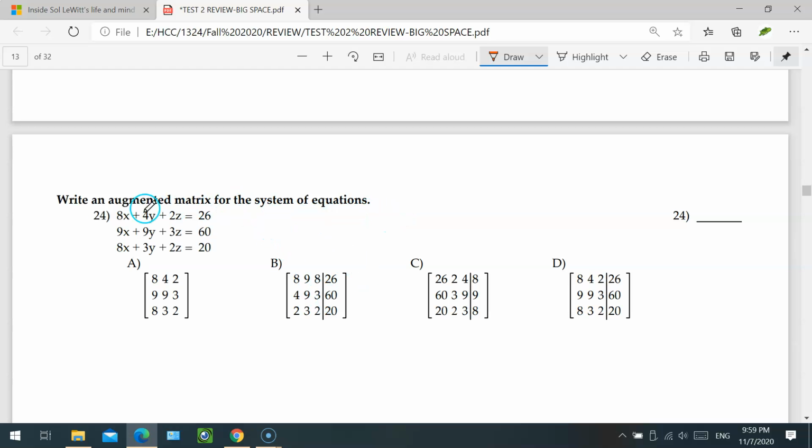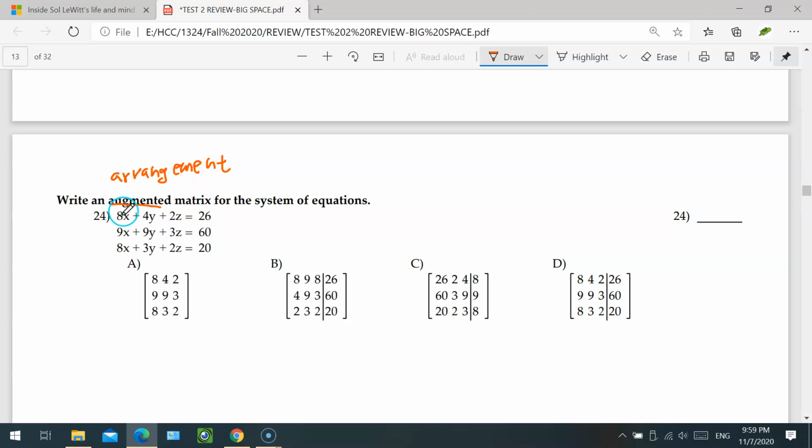Okay. Now for this question we need to write down the augmented matrix for the system of equations. You have the 3 by 3. Write down the augmented matrix. You just need to perform how you arrange the 3 by 3 equations.